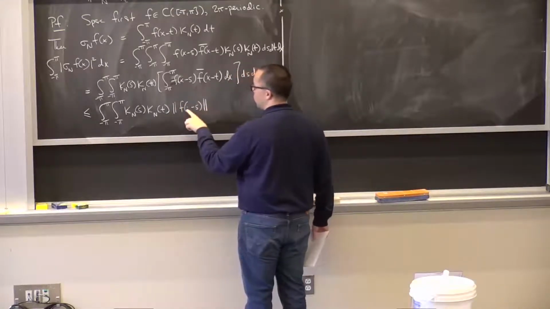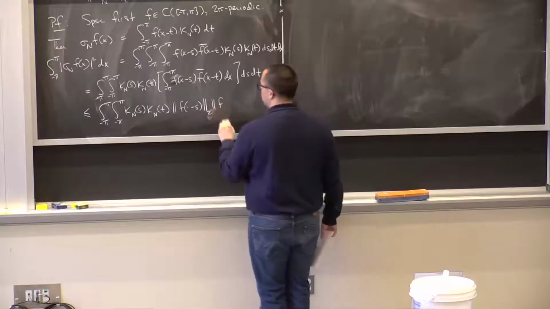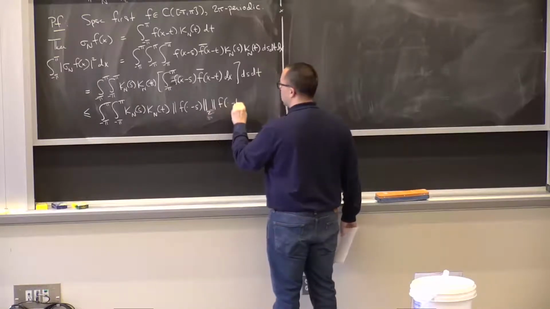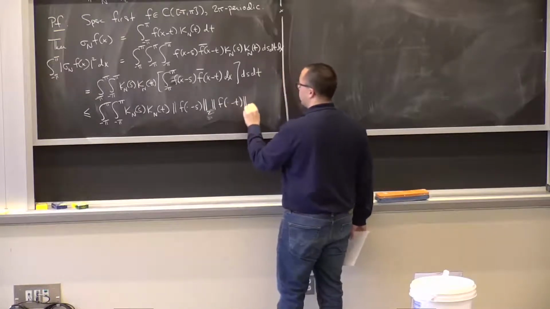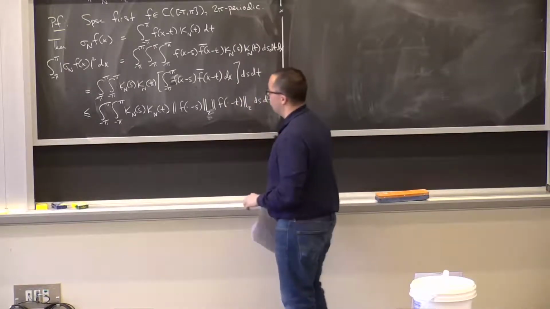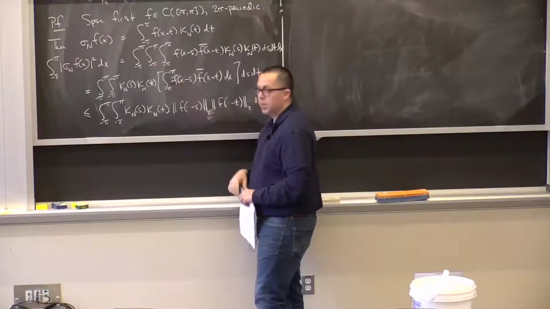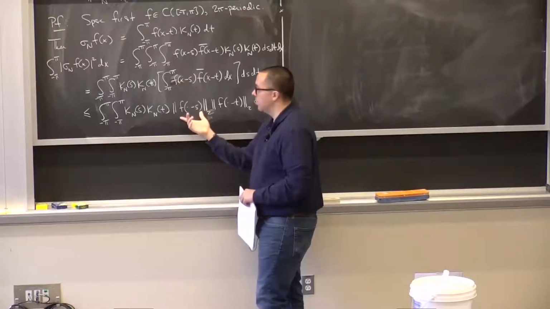So I'm taking the L2 norm in this variable, times the L2 norm of the other, ds dt. Okay? What I mean by this is I'm taking the L2 norm of this function depending on s, but in the first variable, in this x variable. Okay? So just write it out to see what I mean.